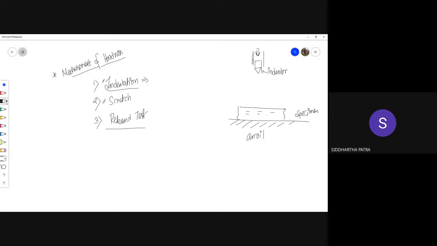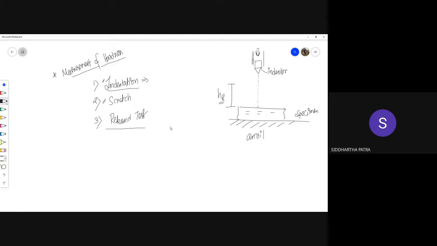It is powered with air pressure, and you let it collide with the surface of the specimen, okay, or make an impact on the surface of the specimen, and then it would bounce back. Now after bouncing back, once it rebounds, you note down the rebound height, okay, or HR. You note down the HR, and that HR is actually your measure of hardness.